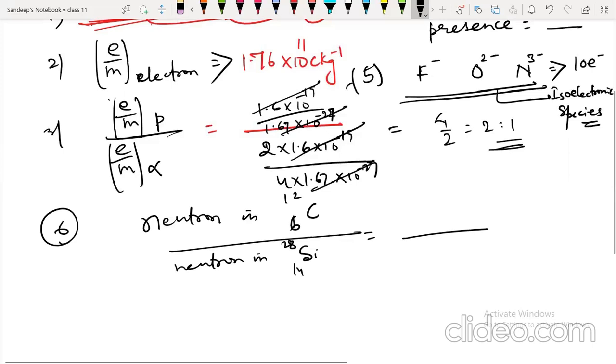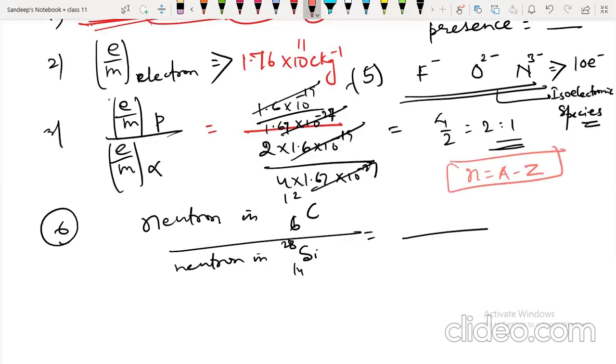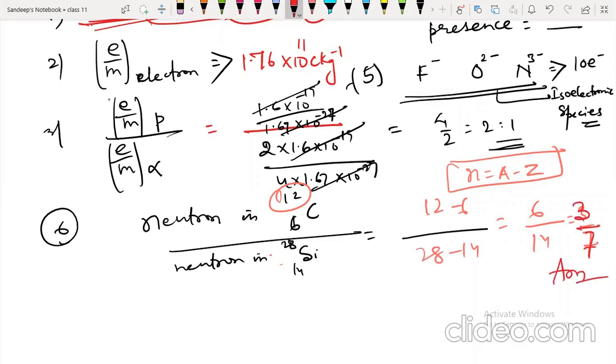See, neutron is A minus Z, atomic mass minus atomic number. So 12 minus 6, and 28 minus 14. So it becomes 6 and 14. So it is 3 by 7. Note down. This 3 by 7 is the correct answer. Understood, Bhargav? Yes, sir.